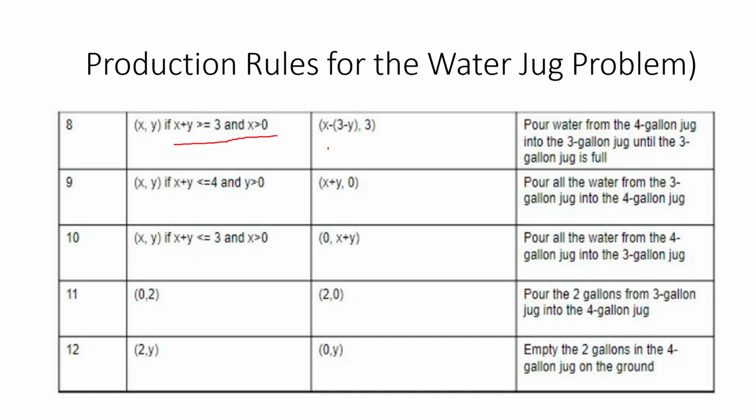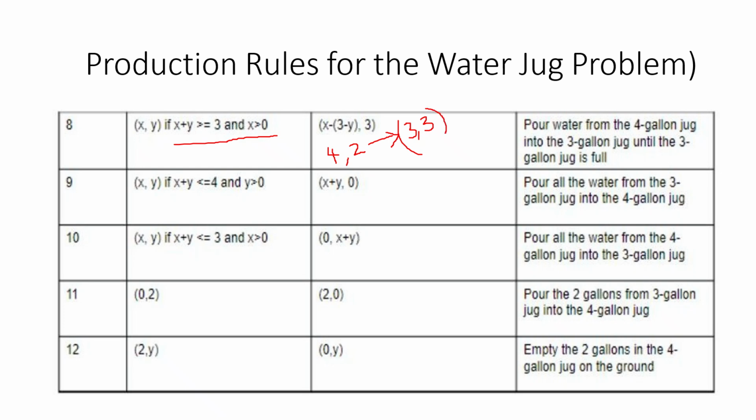For example, if we have (4, 2), the first jug has 4 and the second jug has 2. Then we can fill the second jug, so it becomes 3, and the first jug becomes 3, because 1 gallon of water is poured from jug A to jug B.